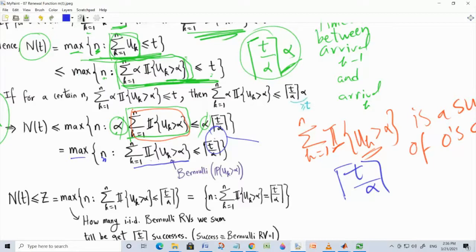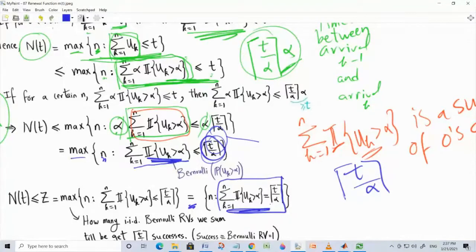Now, because of this very smart choice of the upper bound, we have an indicator here and this guy here is an integer. The maximum n that will make this summation remain less than or equal to the integer value ceiling of t over alpha is exactly equal to the value of n that achieves equality between this summation and the ceiling of t over alpha.